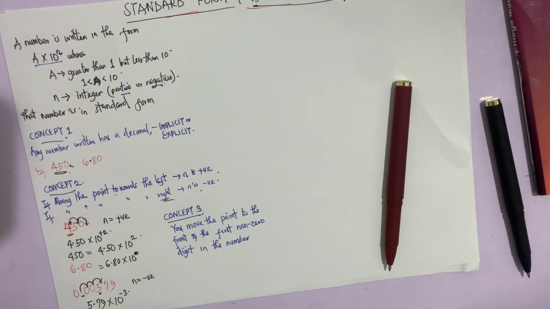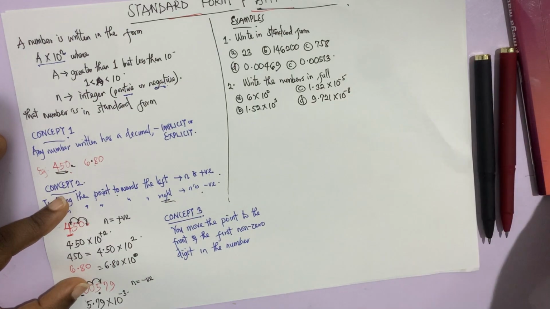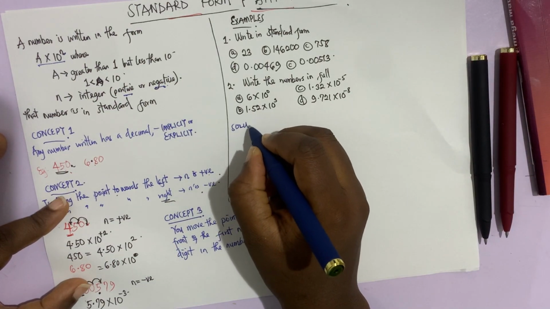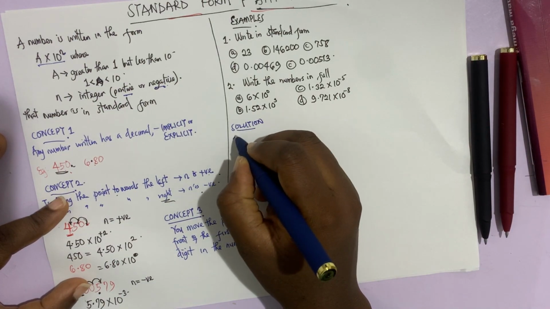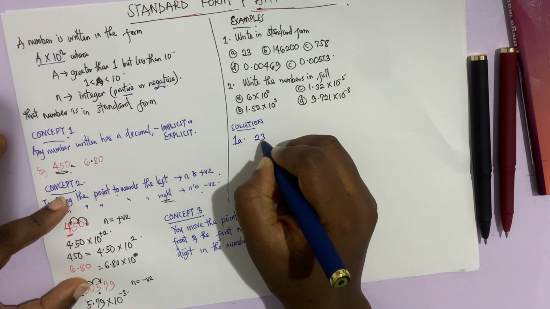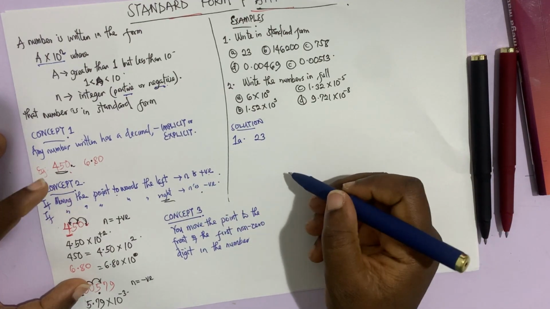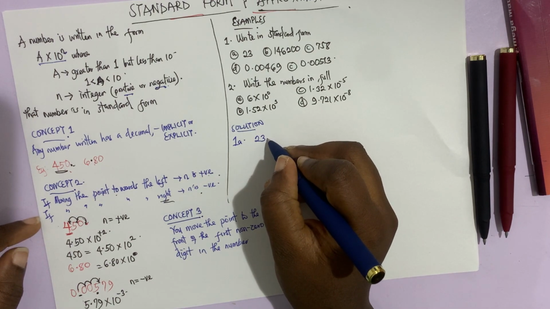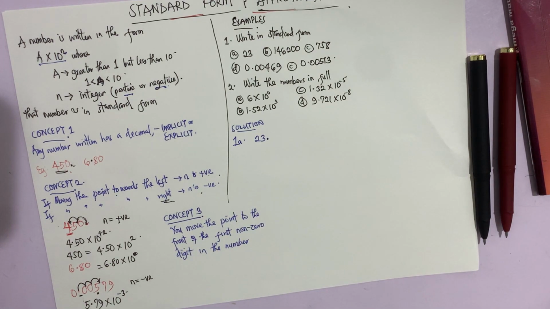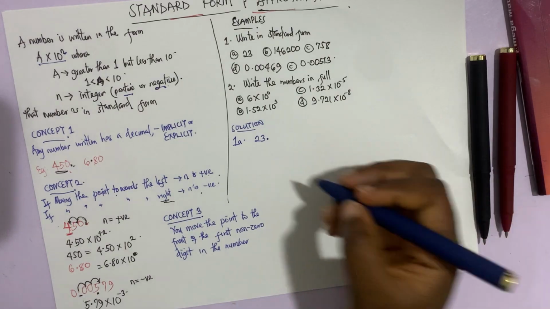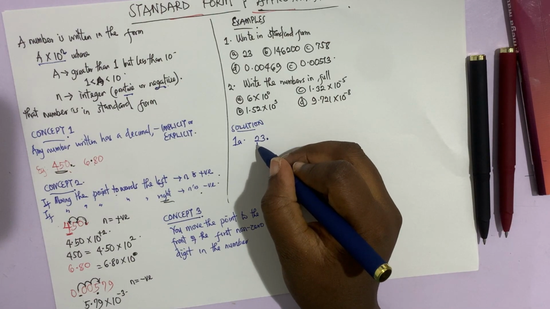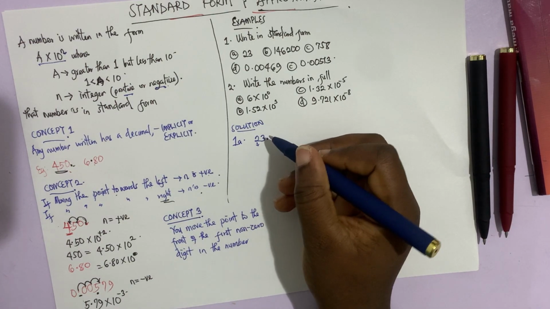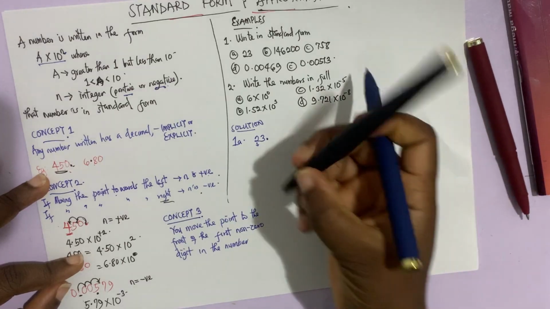Let's take some examples. So let's start solving from the first example. 1a, 23. This does not have an explicit decimal point. So we assume that it has an implicit one, and the first non-zero digit here is 2. So we intend to move the point to 2.